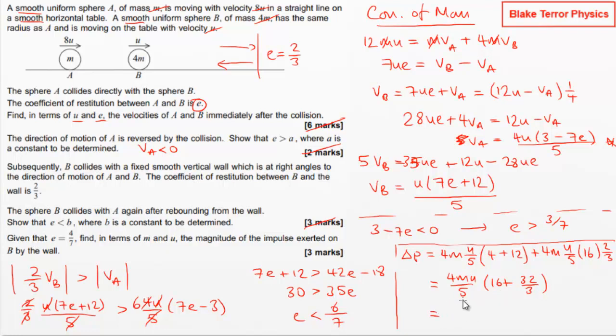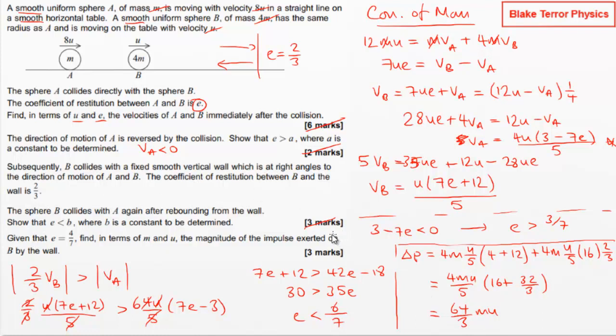Okay, so is this going to drop down to something a bit easier? Well, 5's go into 80, don't they? So we've got 16 times 4 is 64 over 3. 64 over 3 mu. And that is our impulse.